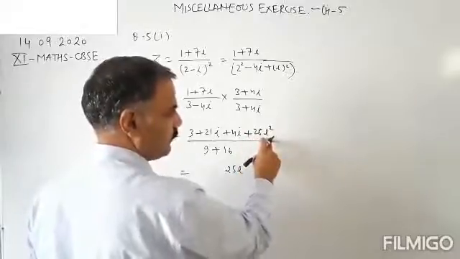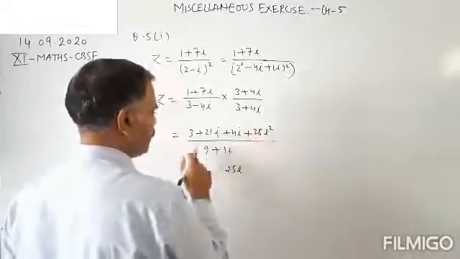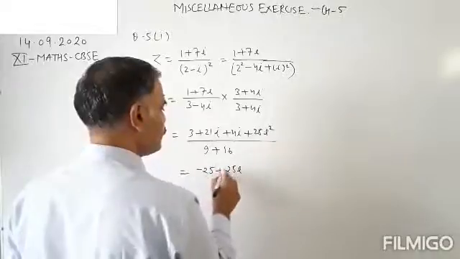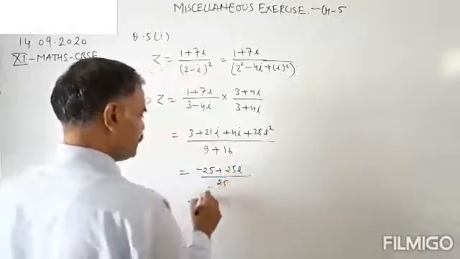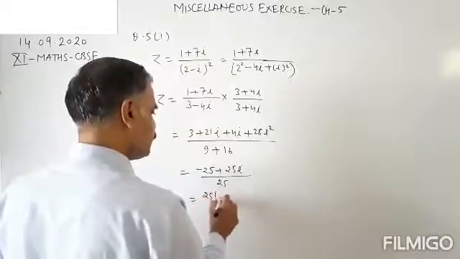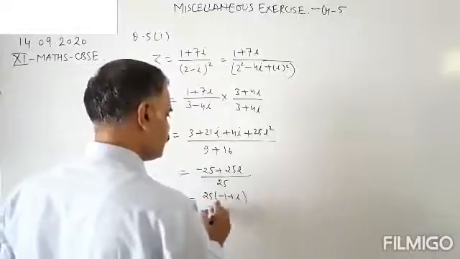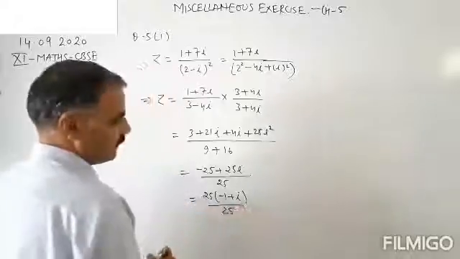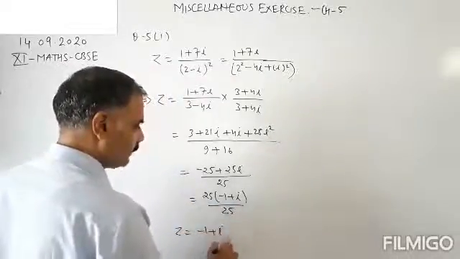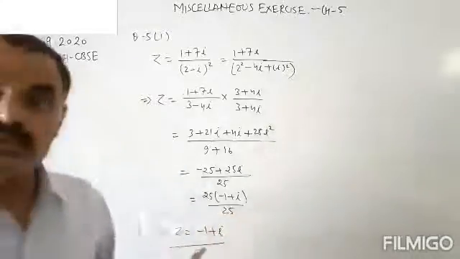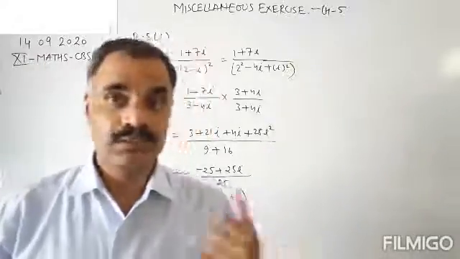Iota square equals minus 1, so minus 28 plus 3 is minus 25, minus 25 plus 25 iota upon 25. Taking 25 as common, minus 1 plus iota upon 25. 25 will cancel 25, so z equals minus 1 plus iota. Okay, so the standard form of the complex number is minus 1 plus iota.